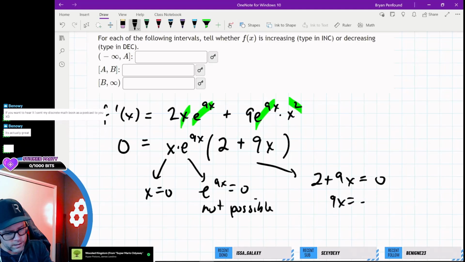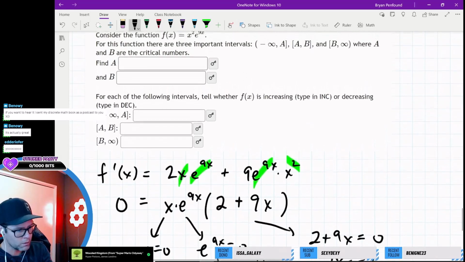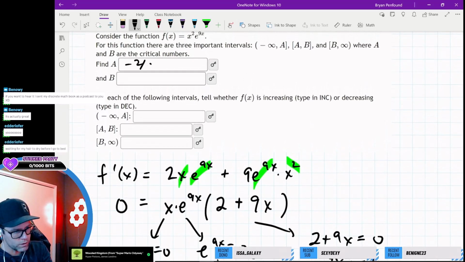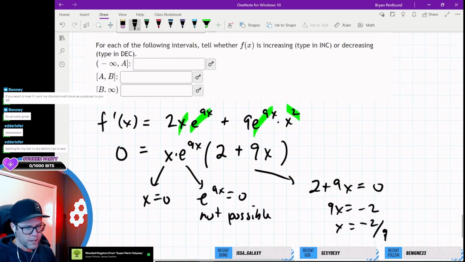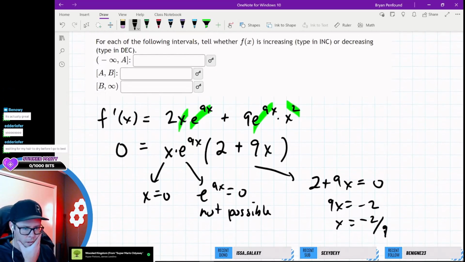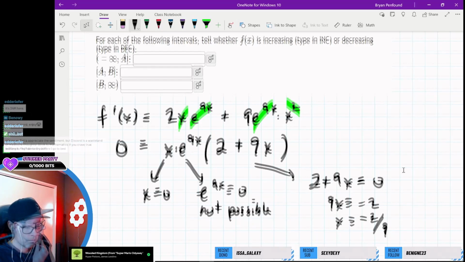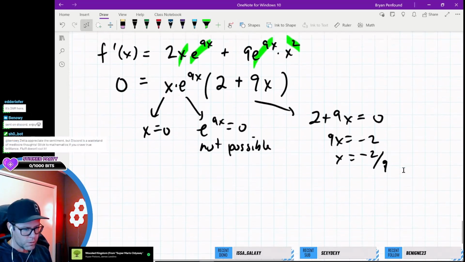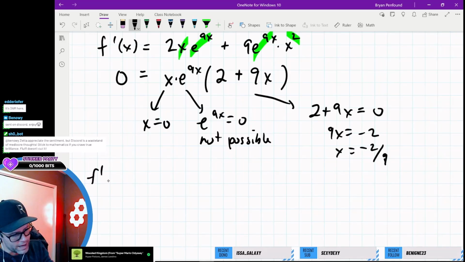So 9x is negative 2, and x is equal to negative 2/9. Okay, so negative 2/9 is the smaller one, and then we need 0. And then we need to figure out whether or not the intervals are increasing or decreasing. Now that we know our critical points, we could do an f prime analysis.